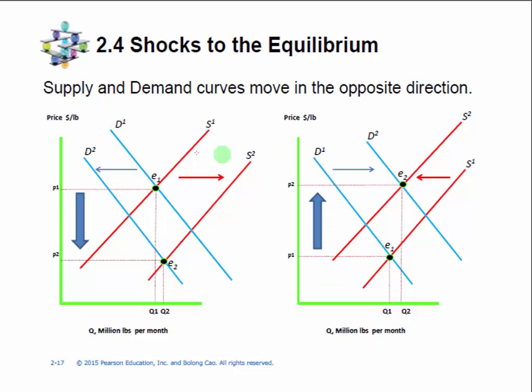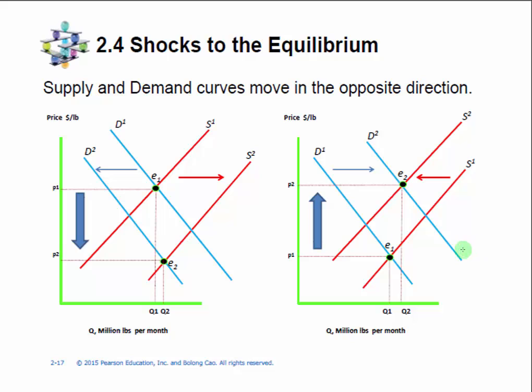So let's look at this. Here we have an increase in the supply and decrease in demand. Decrease in demand, the demand curve shifts to the left, supply curve shifts to the right, and price dropped a lot. Equilibrium quantity, here we have an increase, but you can imagine if the supply doesn't shift that much to the right, the equilibrium quantity can also decrease.